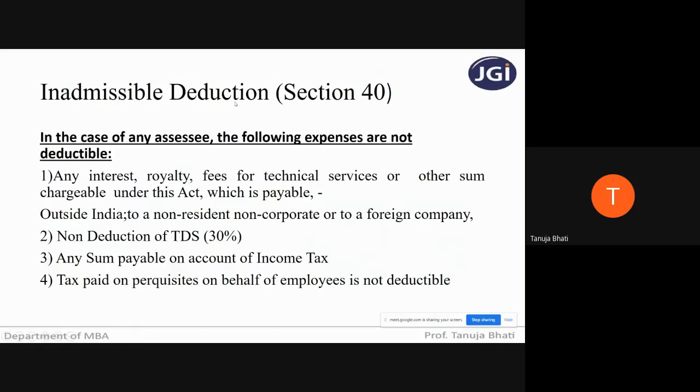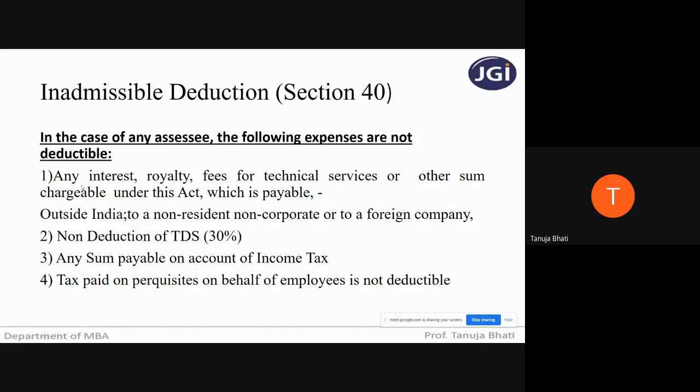So what are the inadmissible deductions under section 40? Let us understand. In the case of any assessee, the following expenses are not deductible. When I say not deductible, it means they are not allowable expenses. Though they may be an expense, the Income Tax Act disallows it.